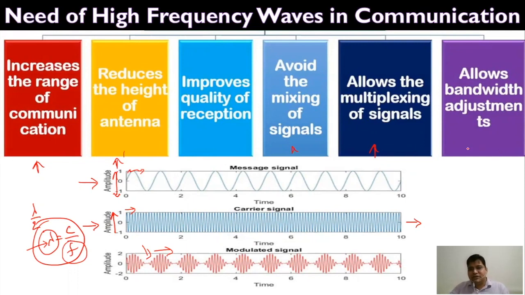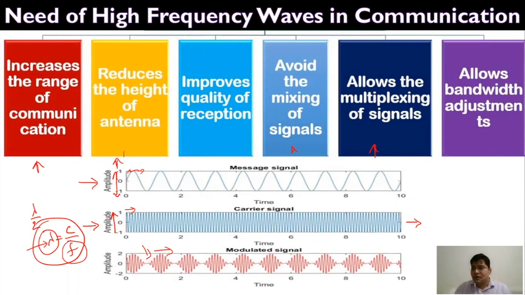And bandwidth adjustment, several bandwidth adjustments, is possible with the high frequency signals. That is also the need of high frequency signal, and we are performing the modulation for it. So that is what we need to know: the need of high frequency signal.